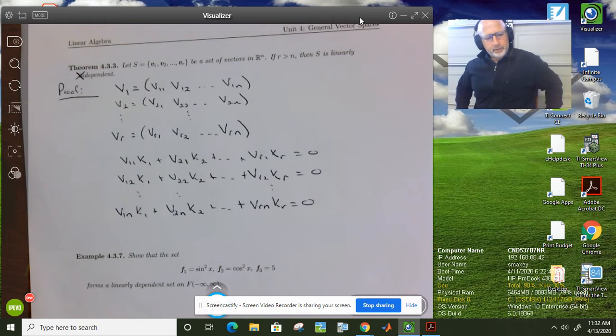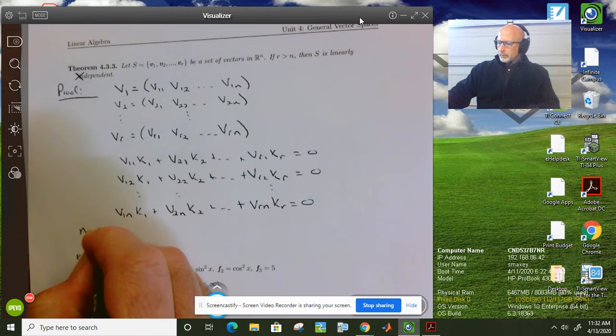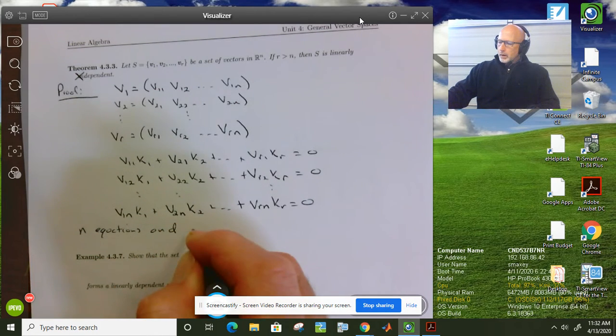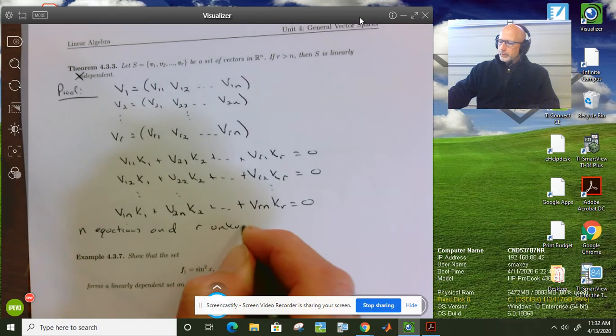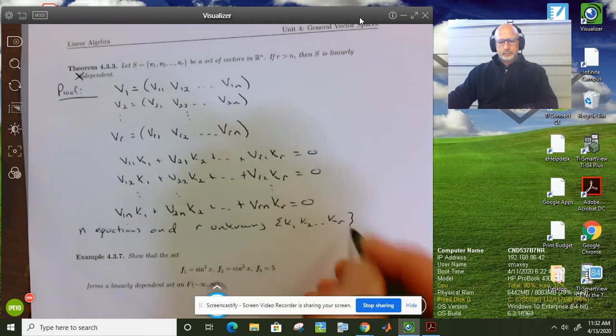So what is this? First, we have a homogeneous system where we have n equations and r unknowns, namely k1, k2, all the way up to kr.